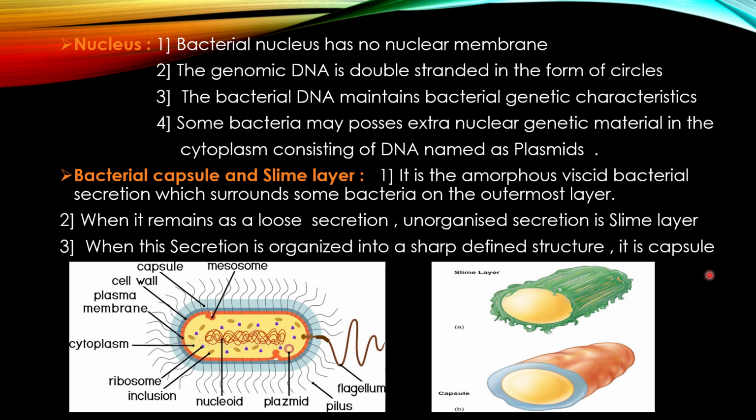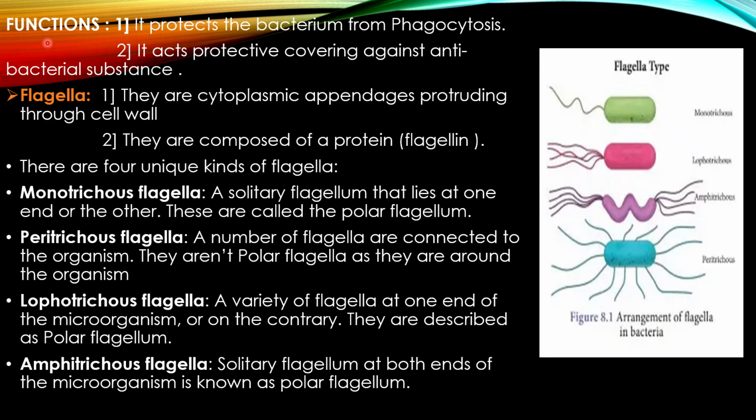Some of the main functions of the capsule: it protects the bacterium from phagocytosis. Phagocytosis is a process of engulfing. When a particular bacterium enters a human body, our immune system produces certain immune cells which can engulf and digest the bacterium.